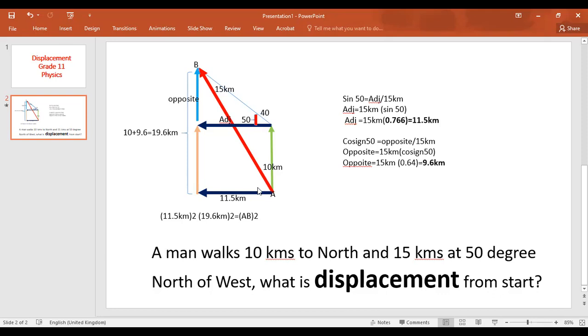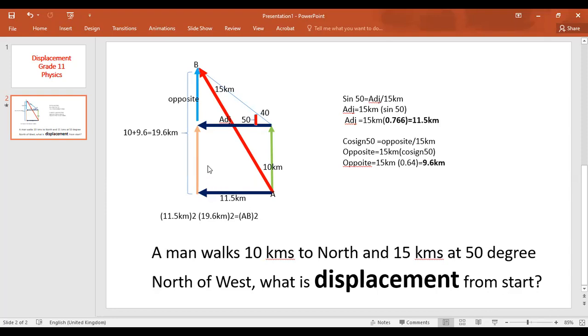We can easily calculate the angle when we get the hypotenuse. We can also calculate from the tangent. We can get the angle between the 11.5 kilometer line and the red line, point A and B, from the tangent, which is opposite over adjacent.